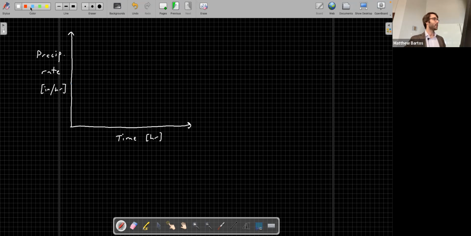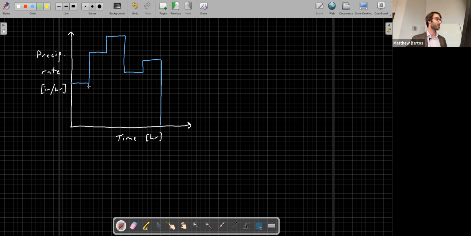We'll have a rainfall event falling over a catchment of interest, and that rainfall event might look something like this. We're just going to conceptualize it as a series of blocks here. So this is our rainfall rate over time, and we can divide this rainfall rate into a couple of different portions.